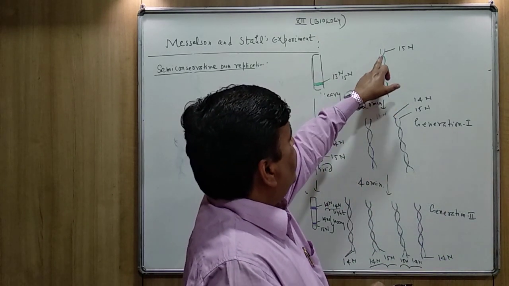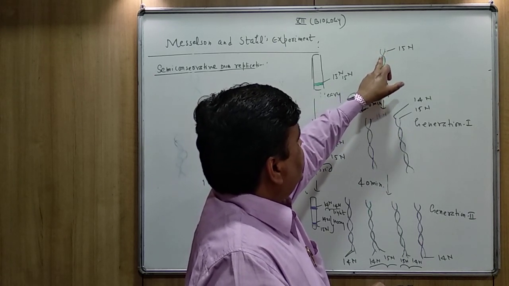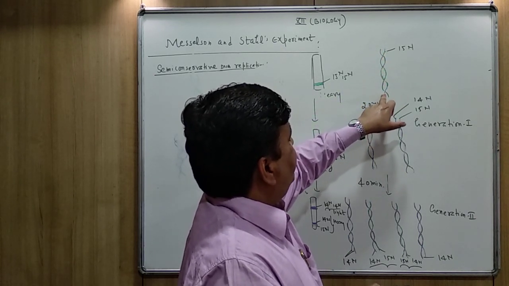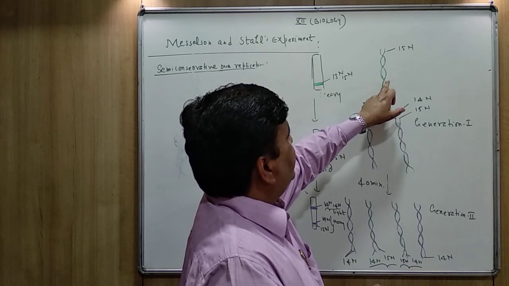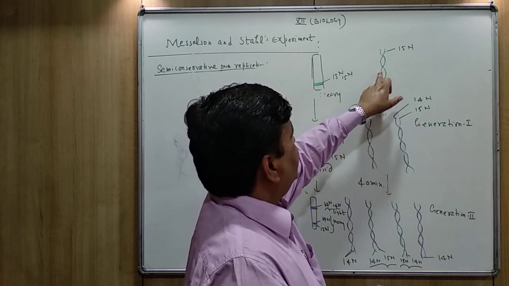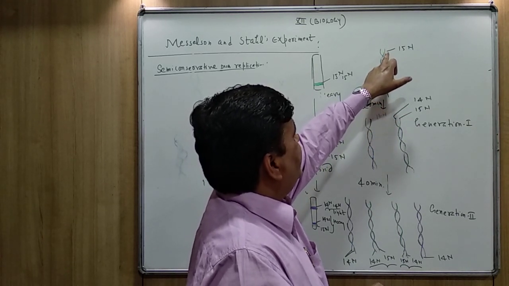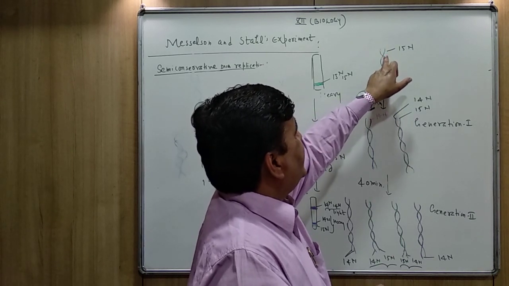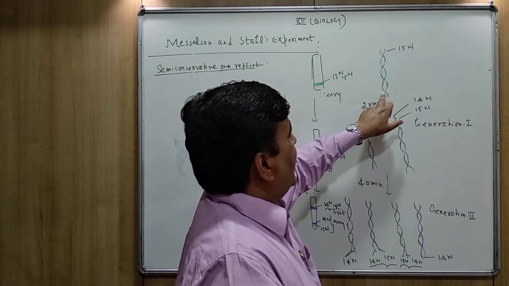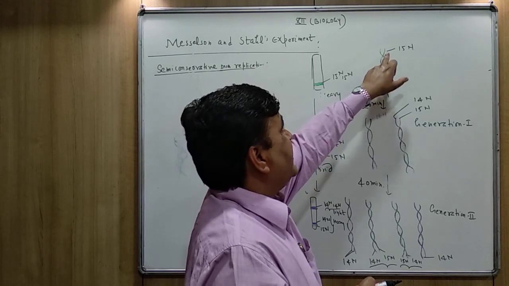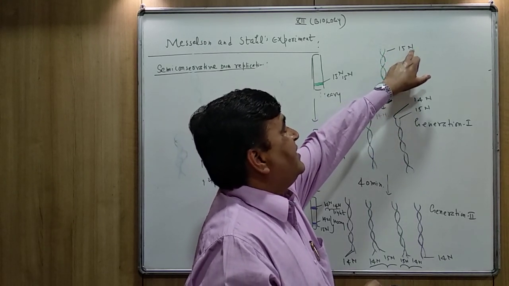So you can see here, I have drawn this diagram with the green sketch pen, that it indicates that the DNA molecule of the E. coli has been retained by 15N nitrogen.